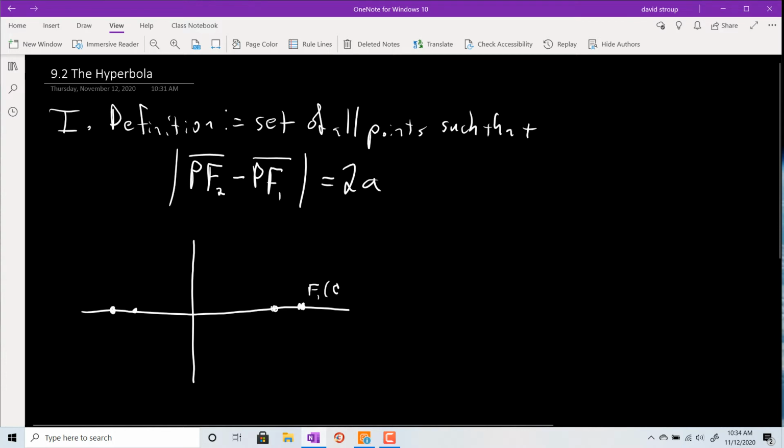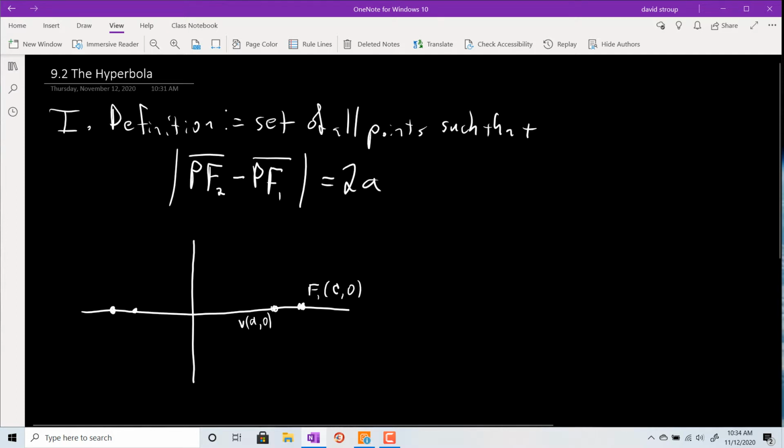So the focus is located at c units away from the center of the picture. So this will be at (c, 0). The vertices are located at position a units away from the center, and then likewise for the other direction.